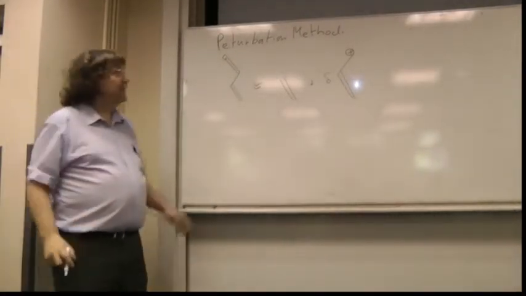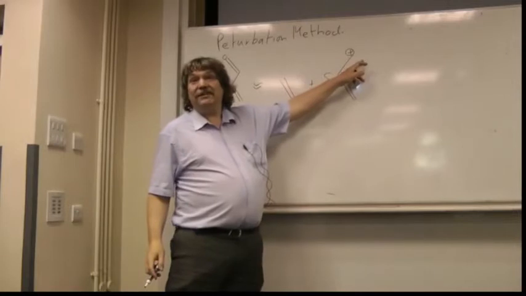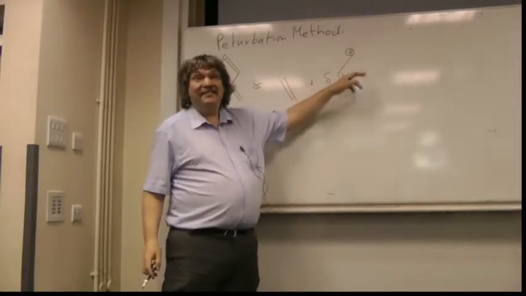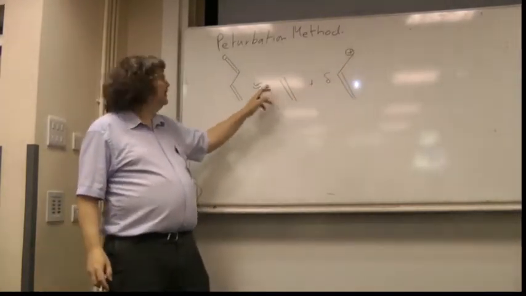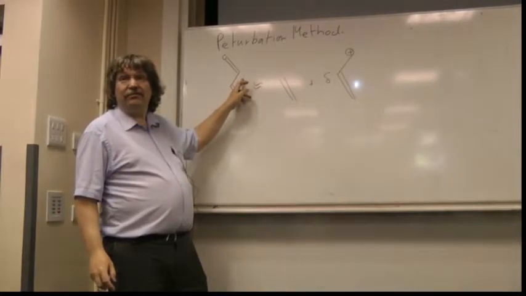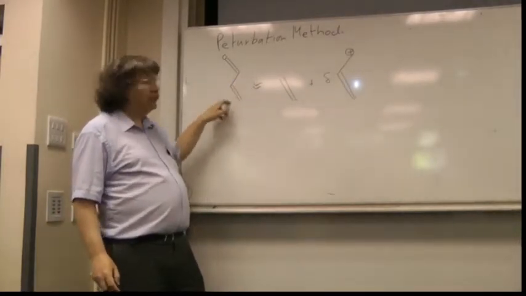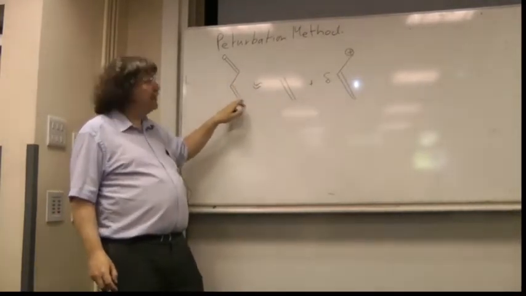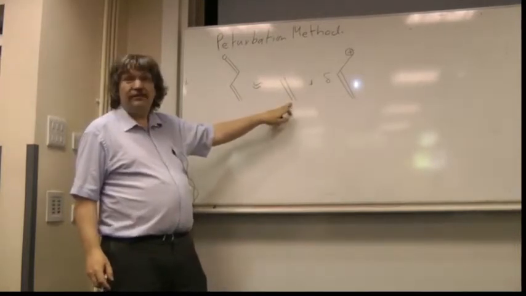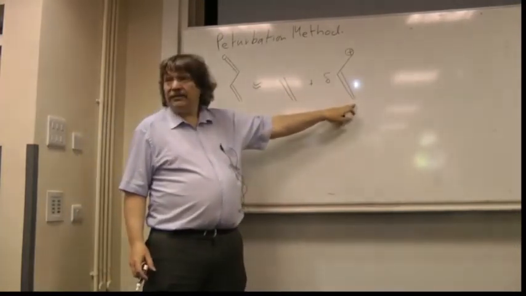Okay? So what I'm saying is, this is, if you like, the ultimate electron withdrawing group. Here hasn't got any. This is going to be somewhere between the two. So I can approximate what the orbitals of this is going to look like by mixing the orbitals of that with some of the orbitals of this.